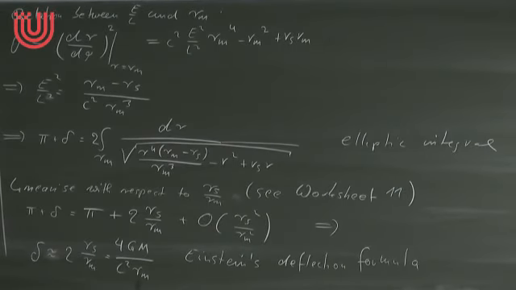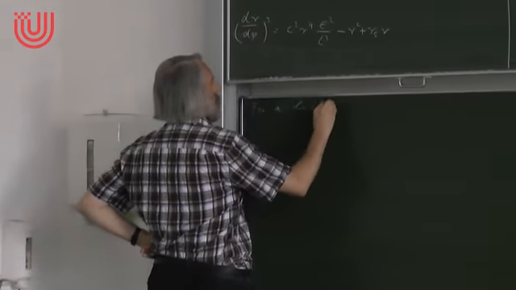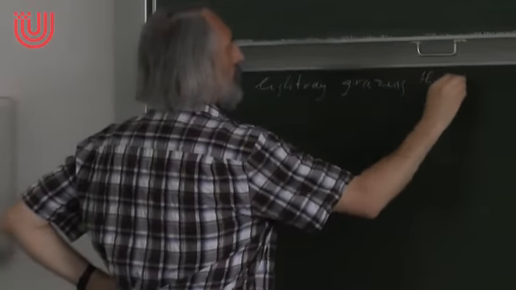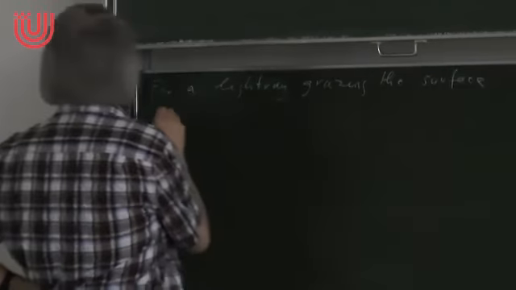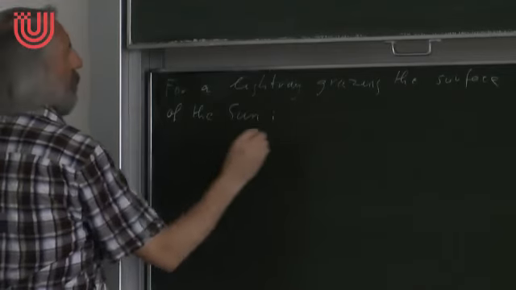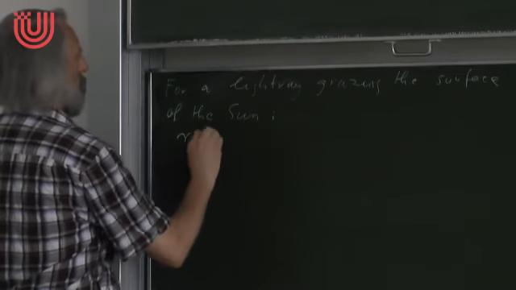So for the sun, well, we can use this formula here. Let's write it for a light ray grazing the surface of the sun. Well, I would have to insert for Rs, the Schwarzschild radius of the Sun, which is approximately 3 kilometers.